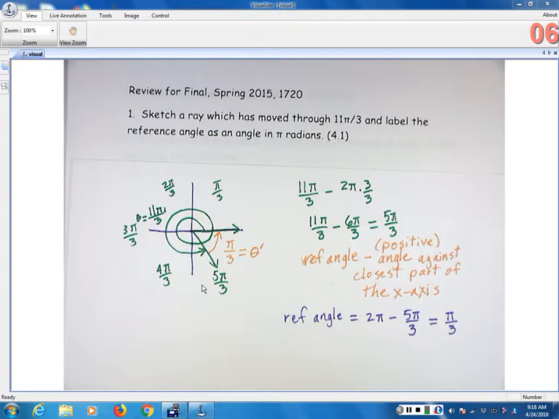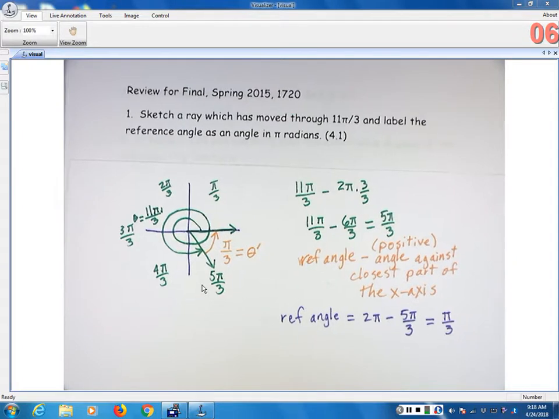And if you get a negative number when you add or subtract, you just take the absolute value, because reference angles are positive. A lot of you got messed up on reference angles when you got a negative and then you were subtracting a negative, on test 3. Not test 4, I haven't graded that.